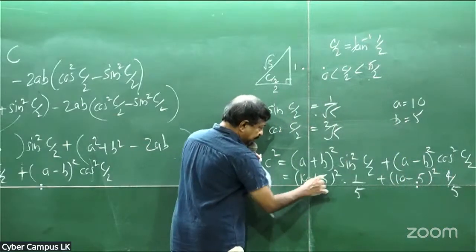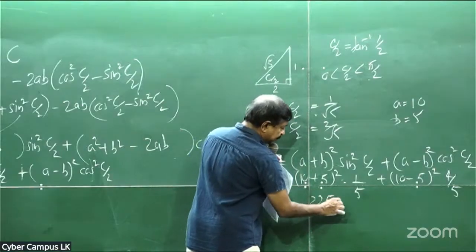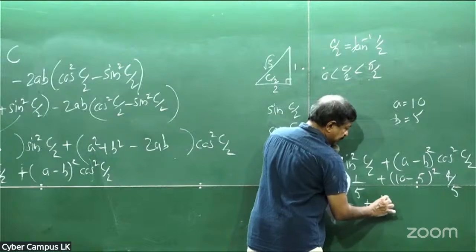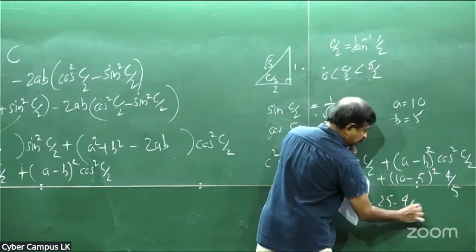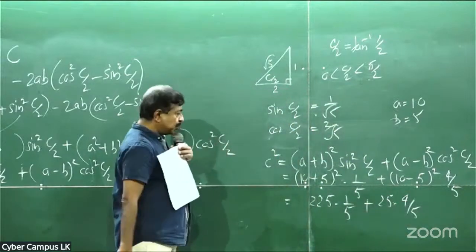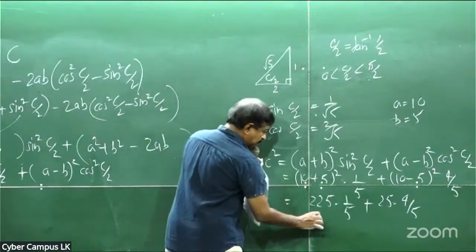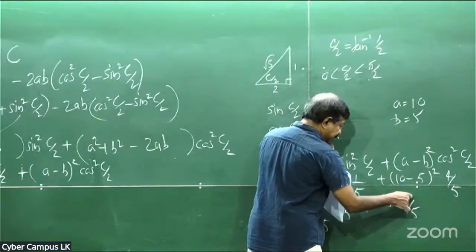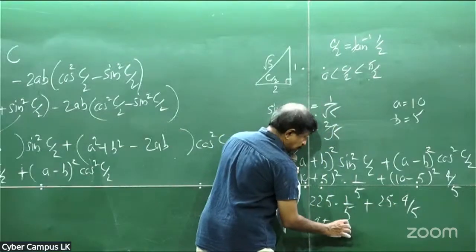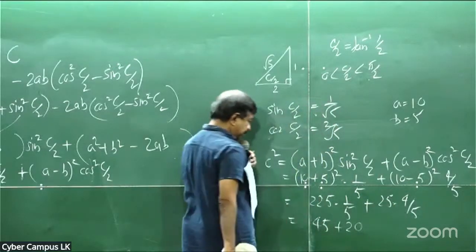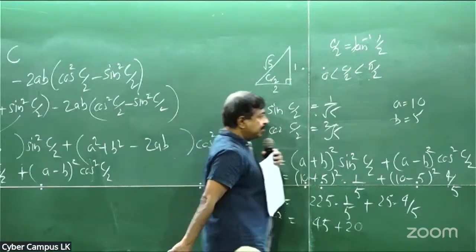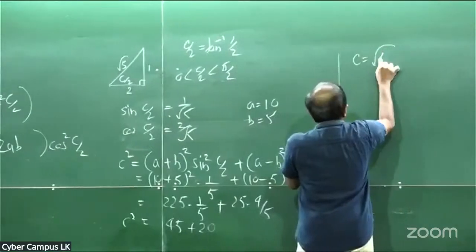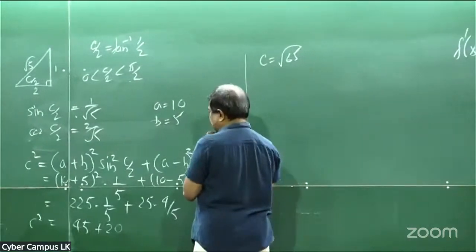Now this is 15, 15 squared is 225. This is 5. So 25 times 4 over 5 is 20. It's not that bad. C is square root of 65.